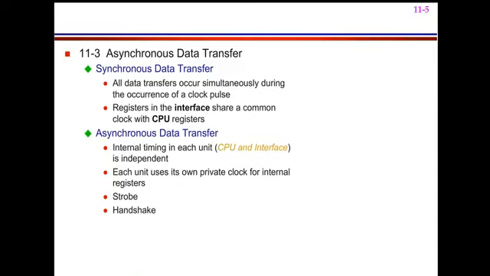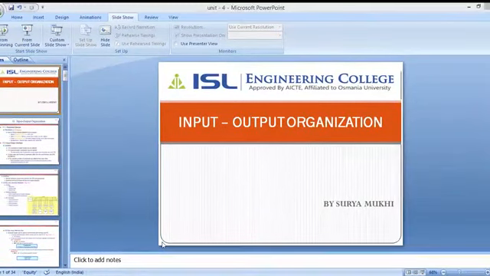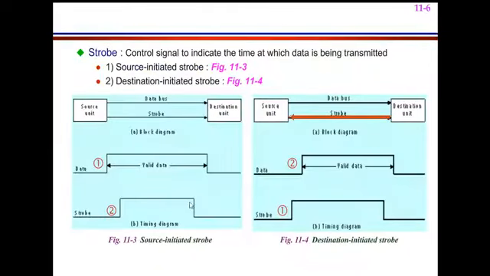Now, whenever we go with asynchronous data transfer, there are two methods of creating it. One is the strobe method, and the second one is the handshake signal. Let us go with the strobe first.